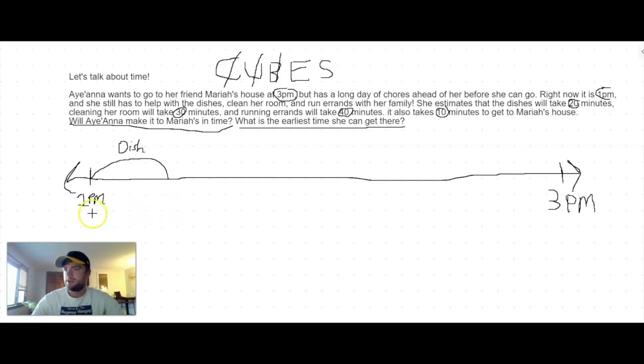If the dishes take 20 minutes, and we can start right at 1 p.m., 1 p.m. plus 20 minutes takes us to 1:20. Looks like we're doing okay on time. And that's a 20-minute jump.